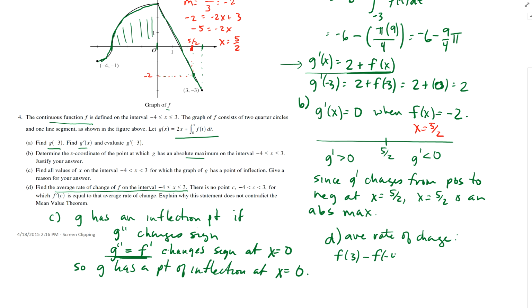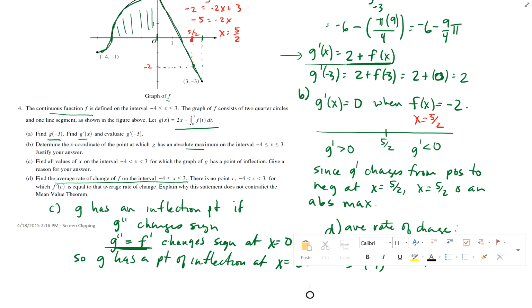Minus f of negative 4 over 3 minus negative 4. If I do that, I'm going to end up getting negative 2 over 7. So that's my average rate of change. That's the slope of the secant line.